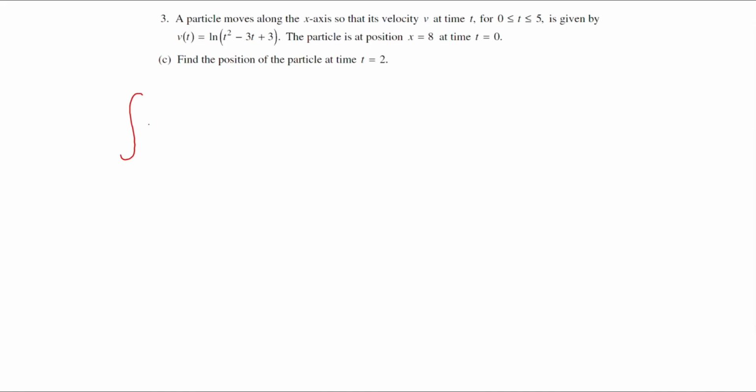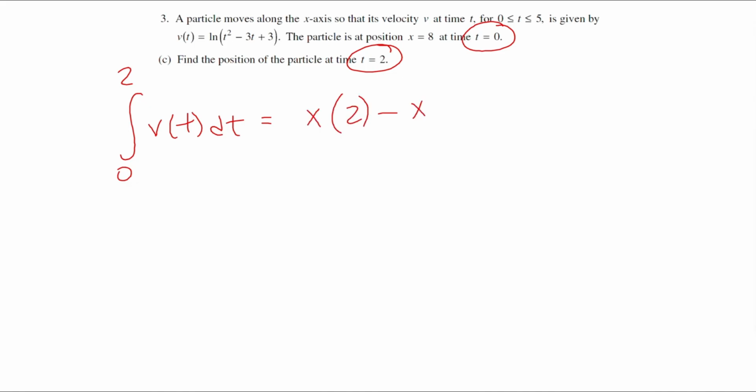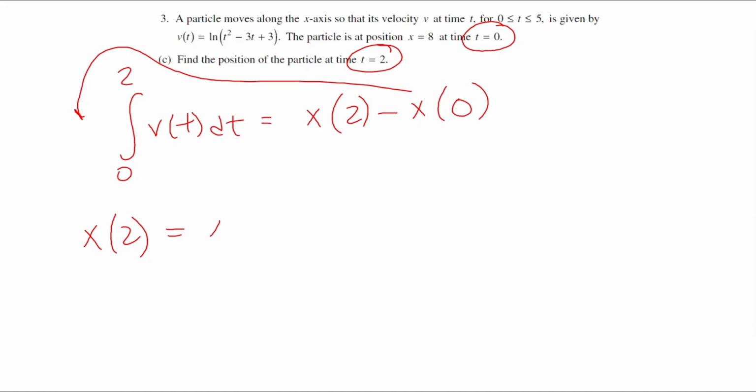So if we integrate the velocity from 0 to 2, I'm picking 0 because I know the position at 0, and I'm picking 2 because we're looking for the position at 2, that should be the position x at 2 minus the position at 0. So x of 2 should be x of 0 plus the integral from 0 to 2 of v of t dt. And x of 0 is, of course, 8.